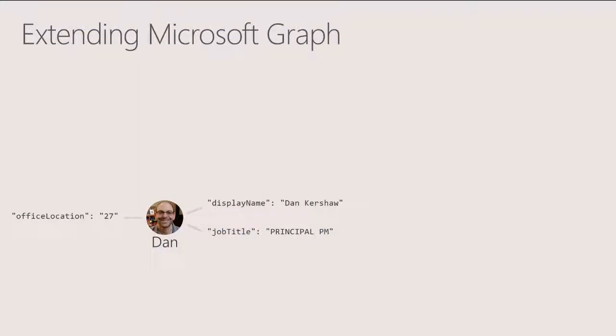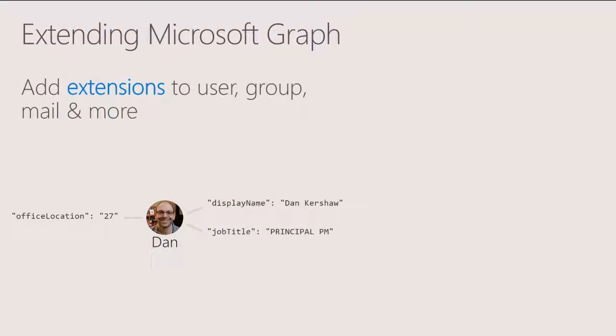So here you can see my user profile with some of the key standard properties that Microsoft Graph exposes on a user. And maybe I want to go ahead and extend that profile or some other resources within Microsoft Graph.